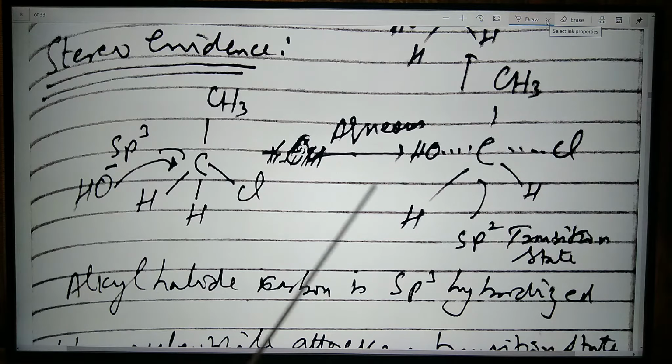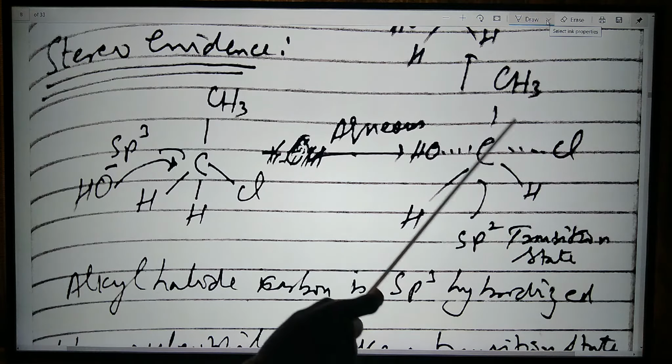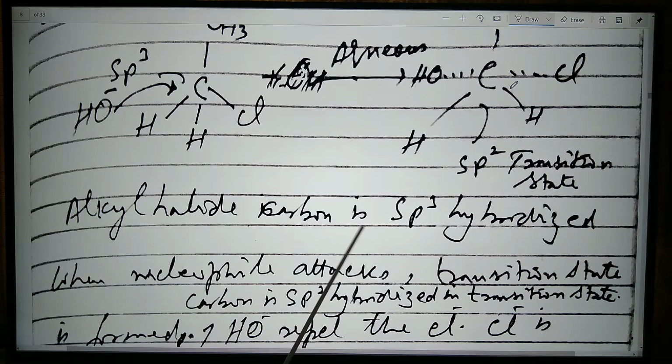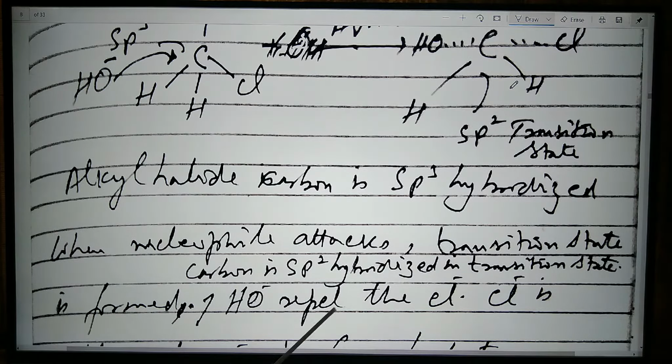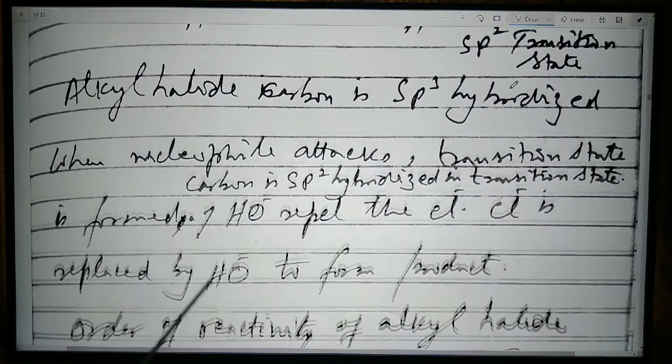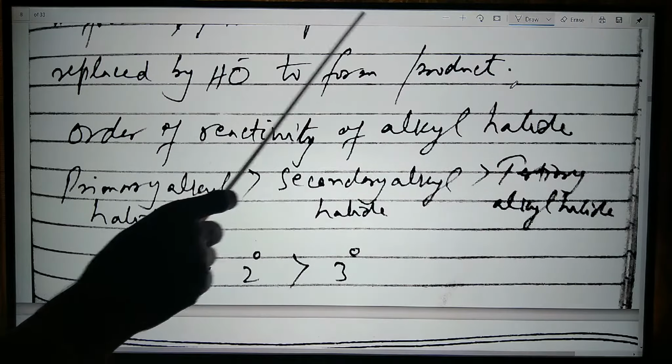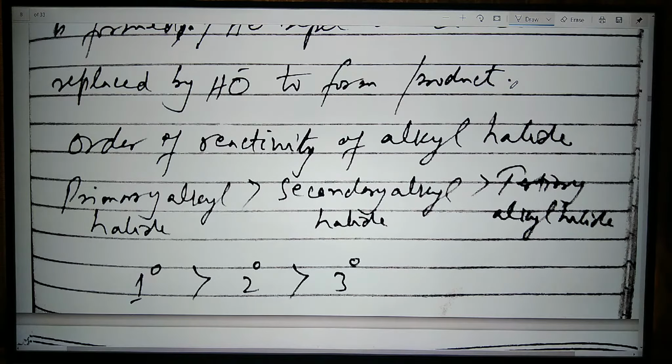Now you can see this is the transition state. Now we can explain how this OH replaces, by this reaction. So in this case, the transition state is formed and the OH attacks to form the ethanol.